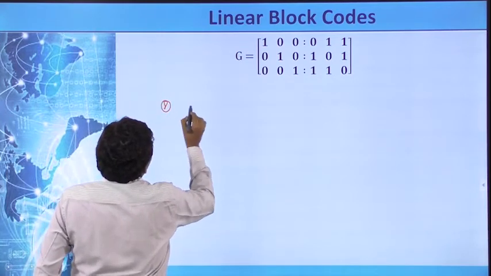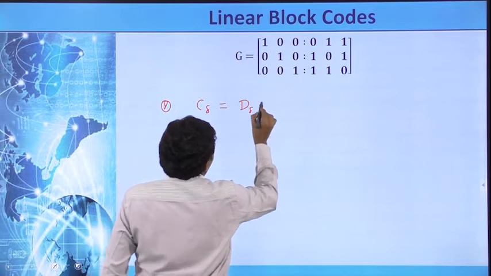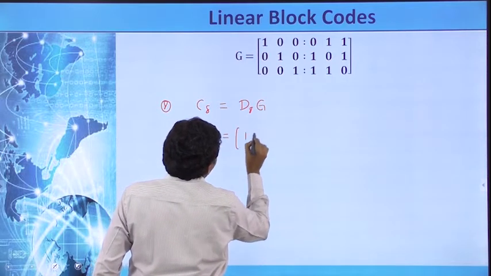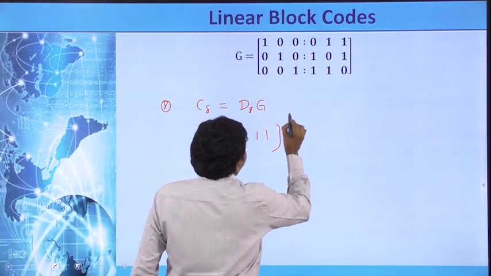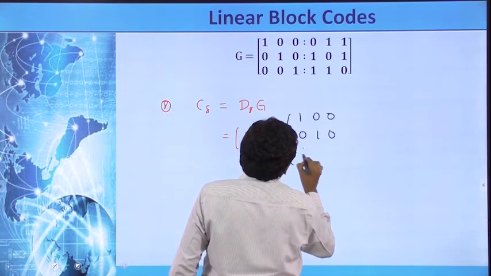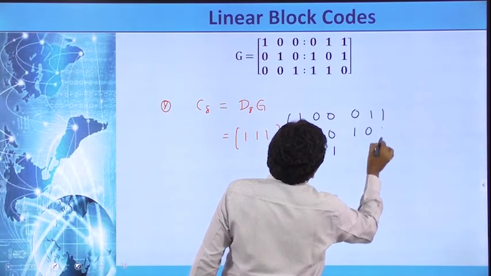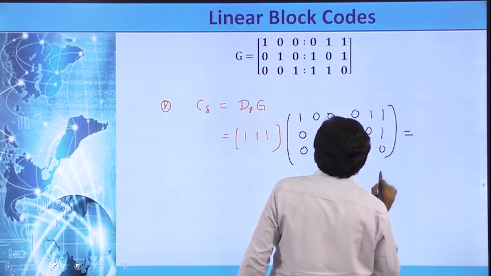Eighth code word. C8 equal to D8 into G, where D means 1 1 1, whereas G is 1 0 0 0 1 0 0 0 1 0 1 1 1 0 1 1 1 0.